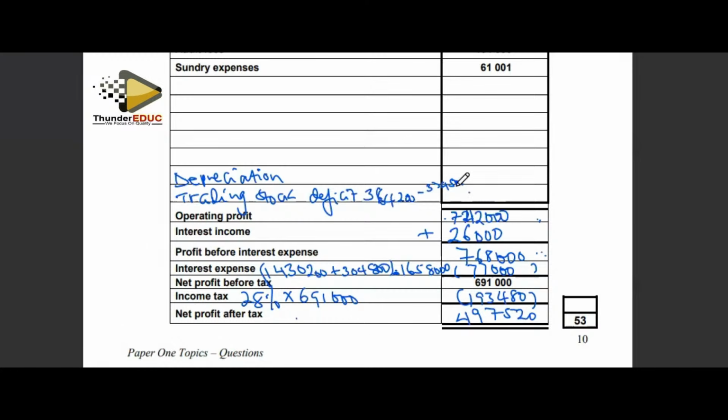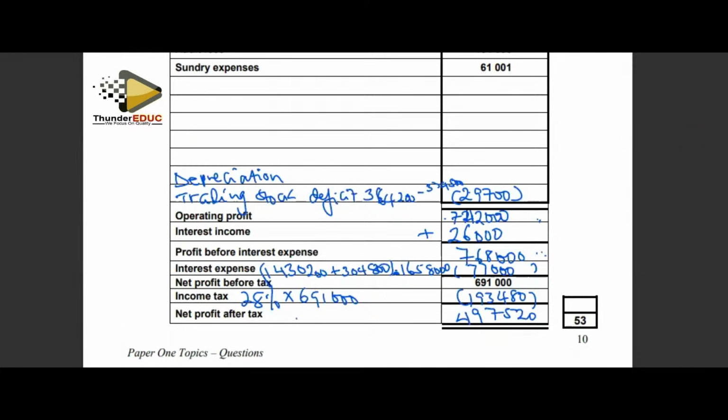After subtracting, the difference is 29,700. Remember, this is an expense. Why is it an expense? Because we lost our stock. Now, depreciation. Depreciation was calculated as follows.